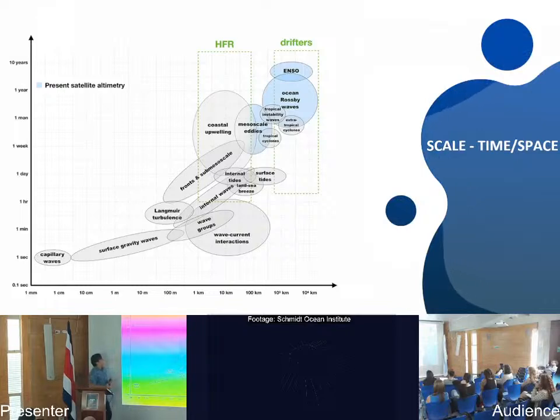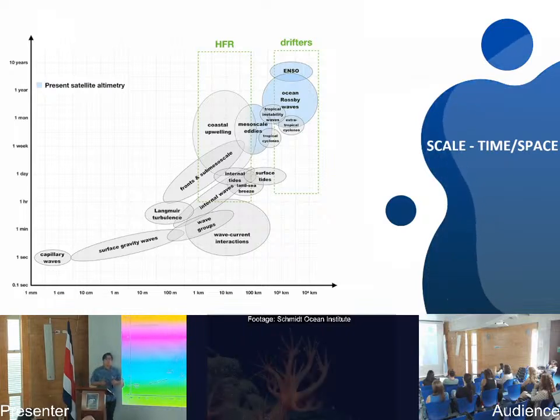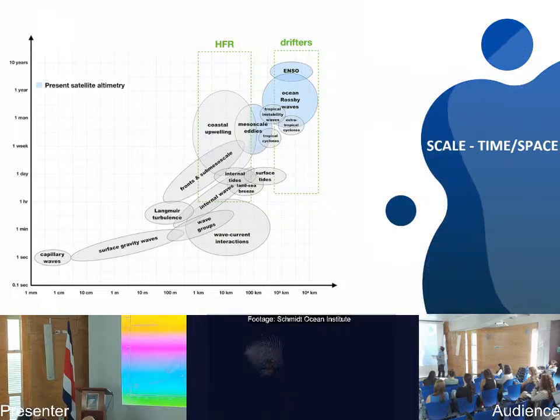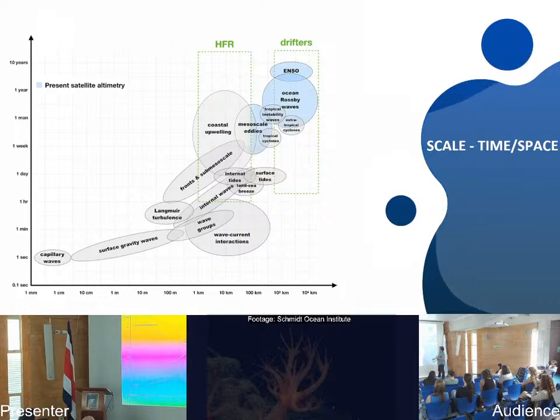So, just to start with some basic concepts. First, when we talk about the water column, a very important concept we have to take into consideration is time and scale. As you can see in this figure, on the y-axis you have the time, and on the x-axis you have the space.